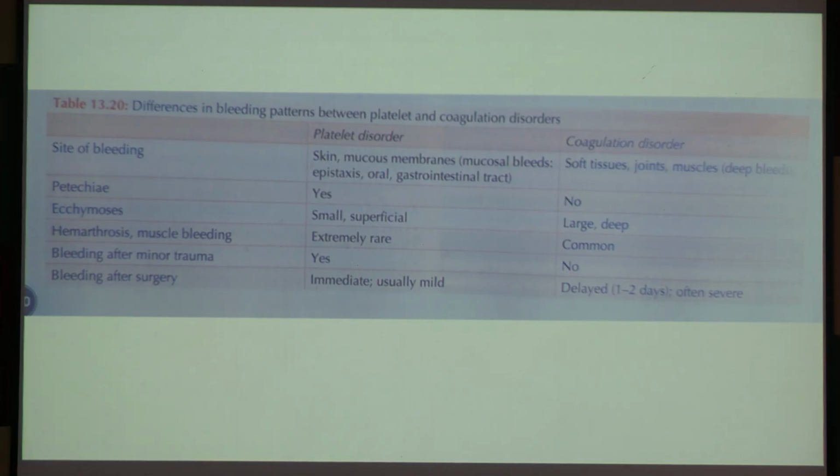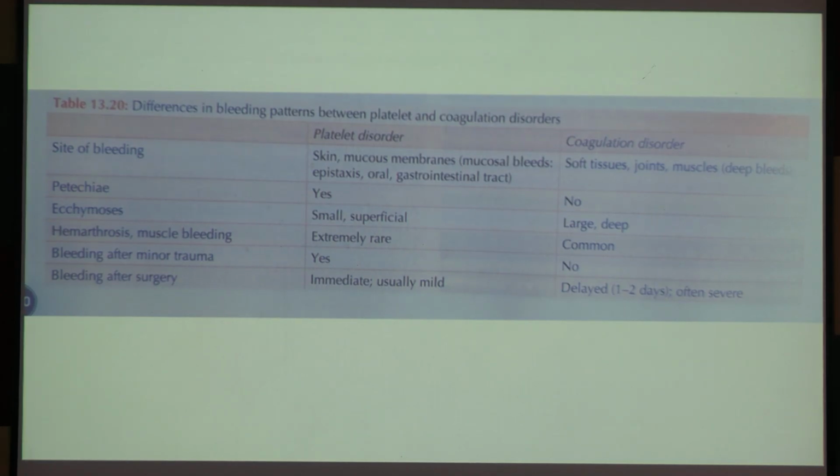So, hemarthrosis and muscle bleeding will be common in coagulation disorder, rare in platelet disorder. Bleeding after minor trauma will be present in platelet disorder.